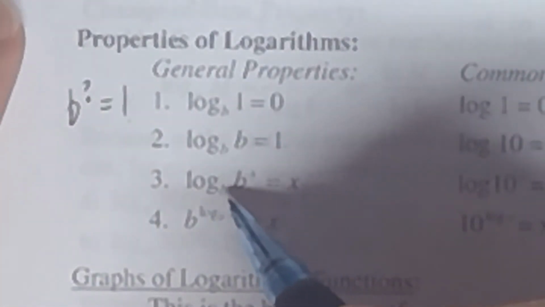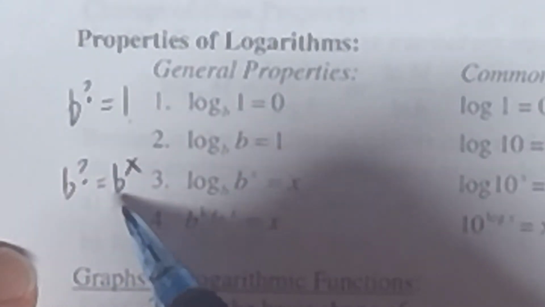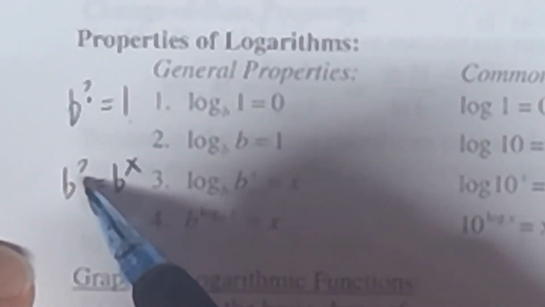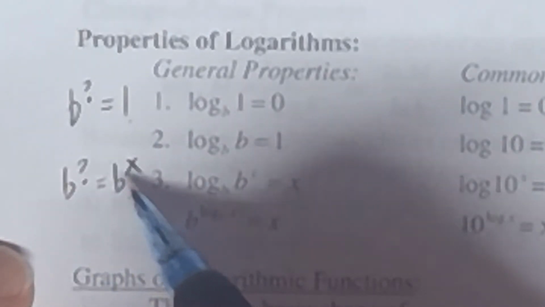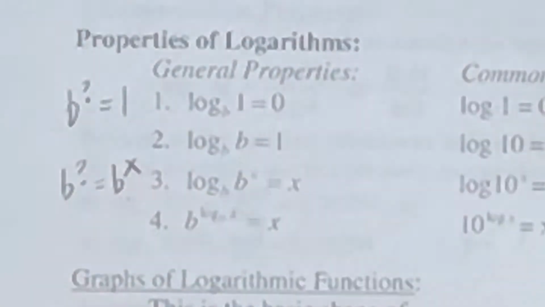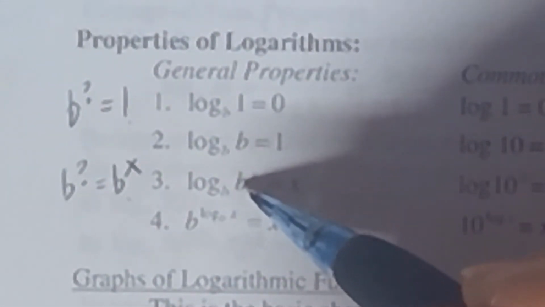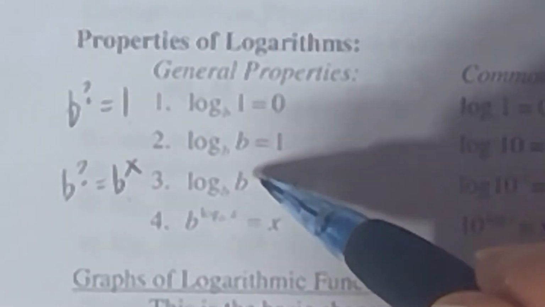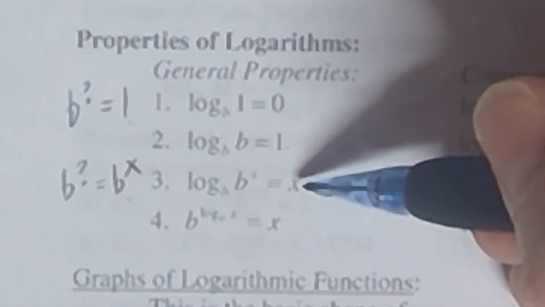Property number 3 is saying b to what power is equal to the product term b to the x. Well, you can see right there that if you have b to a power and b to the x, the missing exponent must be x, because then these two things would truly be equal. So when you have a product term that already has a base in it, then whatever exponent goes with it will also be your answer.